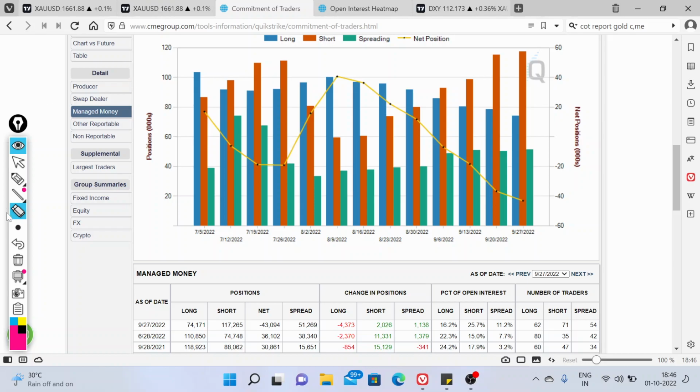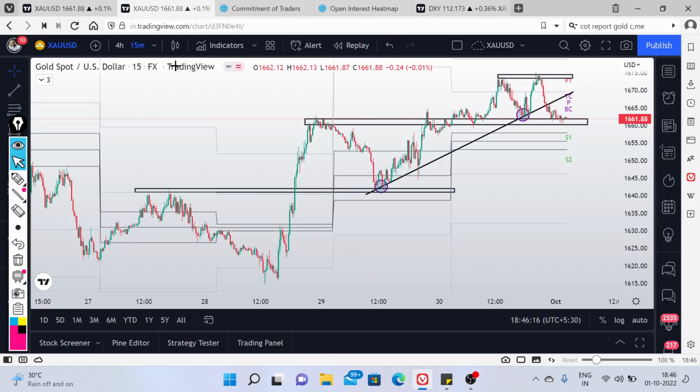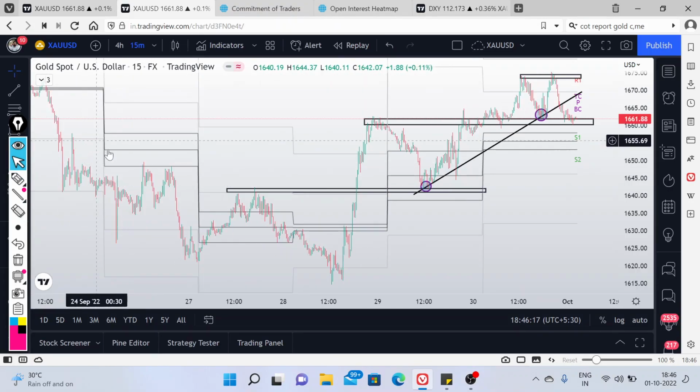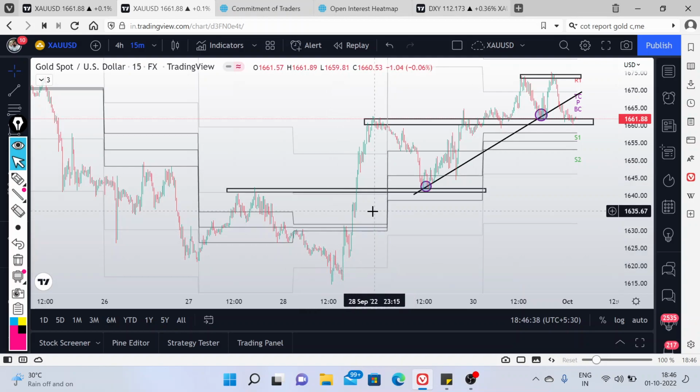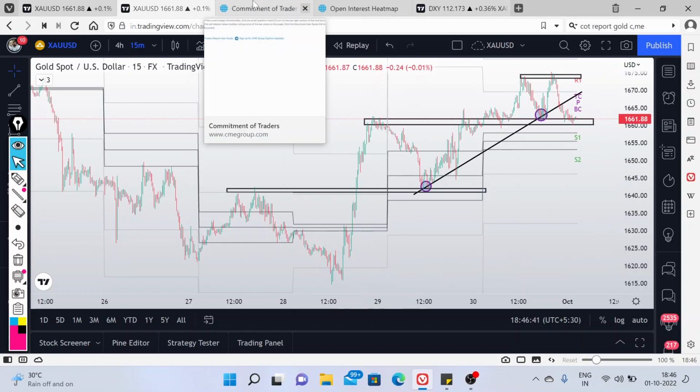As you can see from the chart, this was the opening around 1645, and gold made a low around 1614. And after the decline on DXY due to fundamental news and due to intervention by the BOE, gold sharply pushed price toward the highest level.